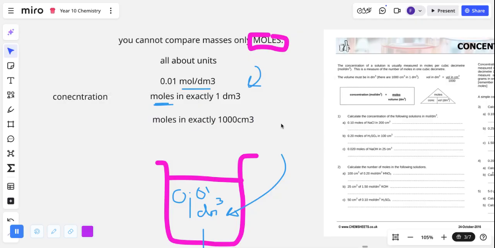So 1 dm cubed is the same as 1000 cm cubed. And you've got to be able to change between those units because in concentration, it's always dm cubed. And we're really bad. We're not going to give you volumes in dm cubed, we're going to give it in cm cubed. Okay, so what do I mean by all of this?